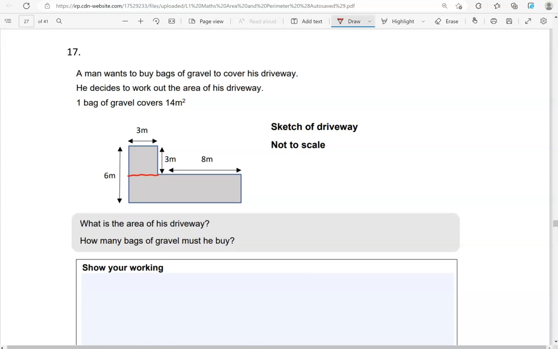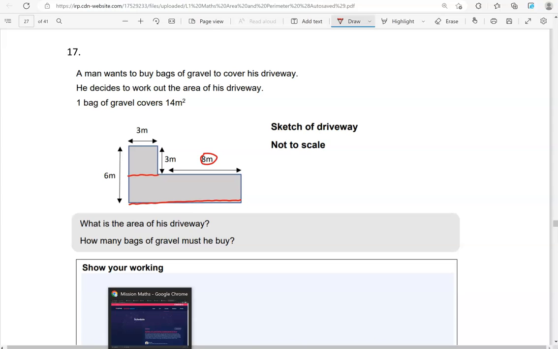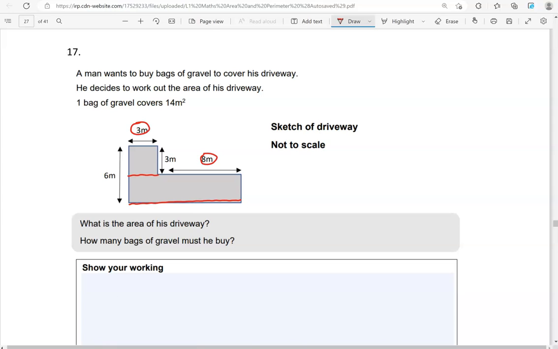So the area of the bigger rectangle, we can work it out by multiplying this length, which is equal to 8 plus 3, so that gives us 11. And then the width of it should be 6 take away 3, which gives us 3. 11 times 3 is 33 square meters.